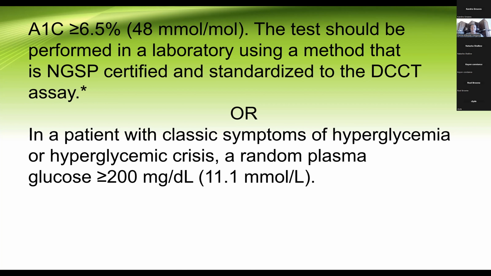And last but not least, the old-fashioned way, where we would use symptoms. In medical school, they taught us that if a person is drinking a lot of water, urinating a lot, and eating a lot, those are classical signs of high glucose levels. Plus, when they check their sugar level, it's equal to 200 or greater.